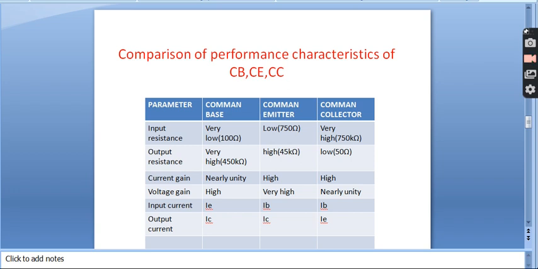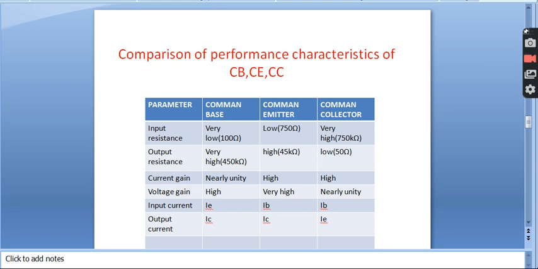In case of common emitter configuration, it is going to be very high, but in case of common collector configuration, it is going to be low. So based on the current gain and voltage gain, we have to specify the power gain in these three configurations, that is common base, common emitter and common collector.